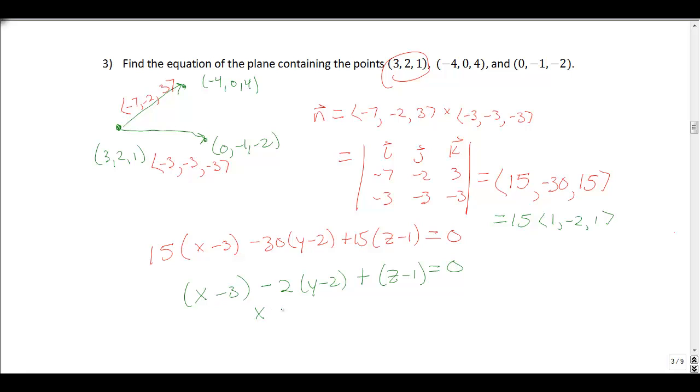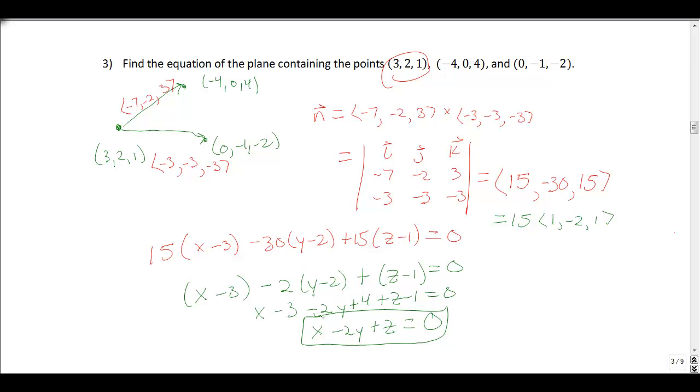Let's just do that first. So you get x minus 3 minus 2y plus 4 plus z minus 1 equals 0. That gives you x minus 2y plus z equals, let's see, we have negative 3, negative 1, that's negative 4, plus 4. That's actually a 0 there. So your plane is x minus 2y plus z equals 0.